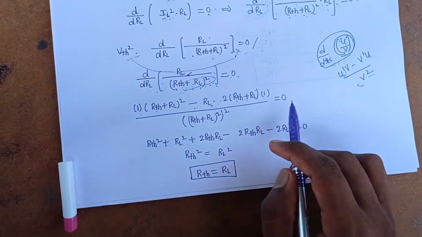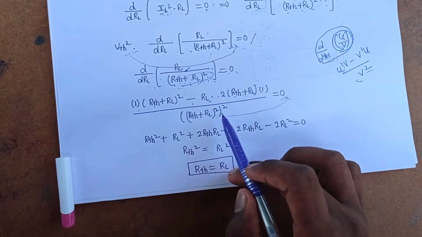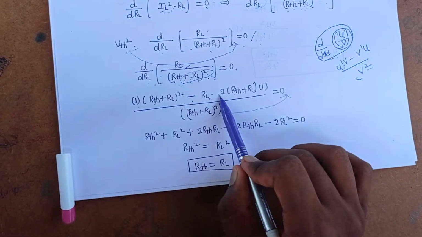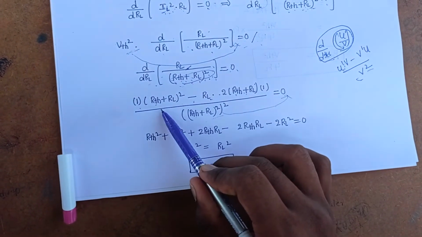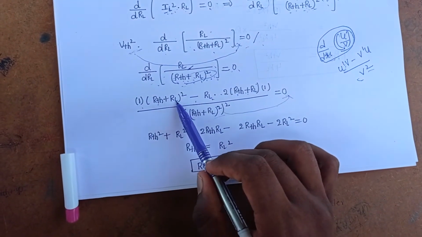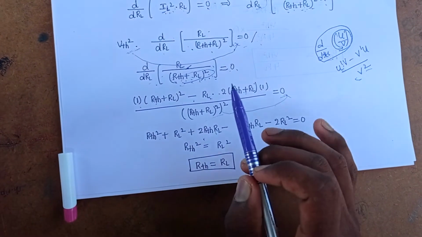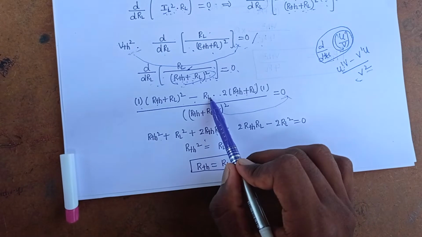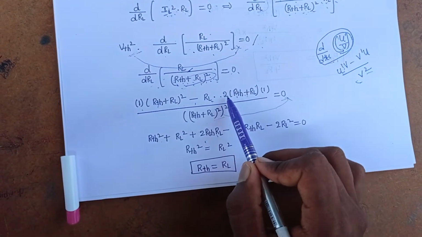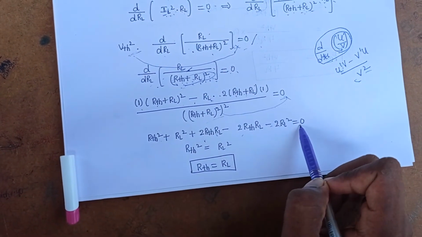Equal to 0. Now move the denominator to the other side, and that side also gives 0. Then we have only the numerator term. Expand RTH plus RL whole squared in the form of a plus b whole squared: a squared plus b squared plus 2ab, so RTH squared plus RL squared plus 2 RTH RL. Minus 2 RL multiplied inside the terms: 2 RL into RTH minus 2 RL squared equal to 0.